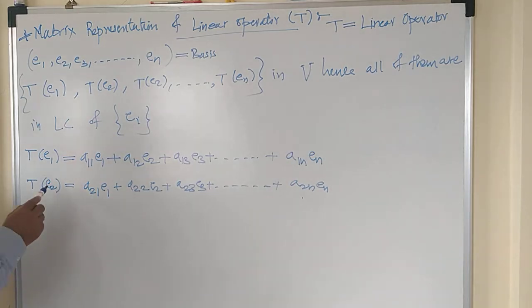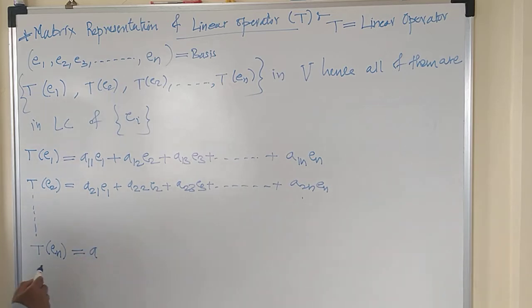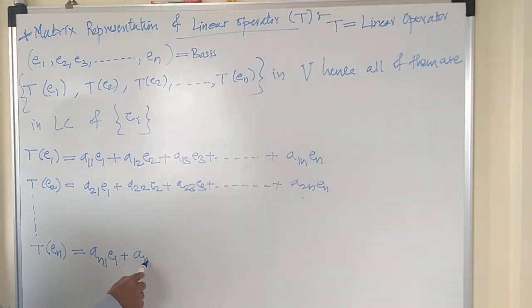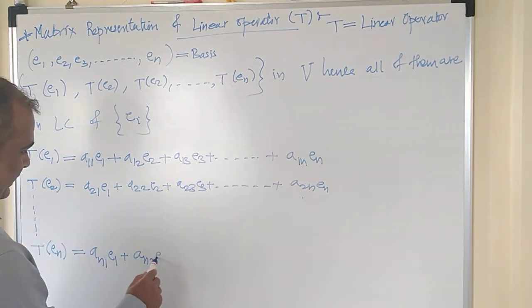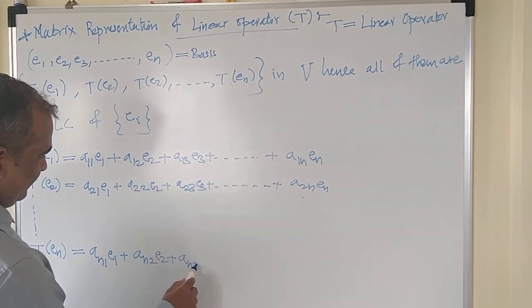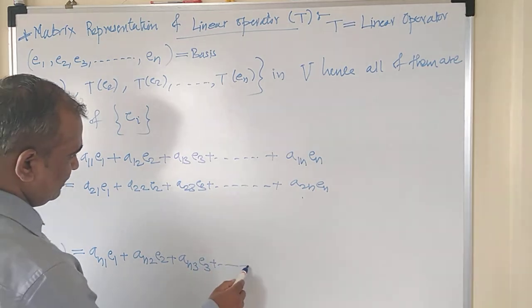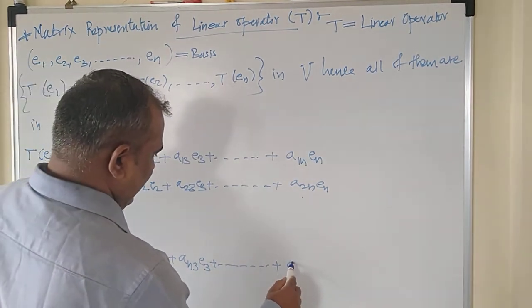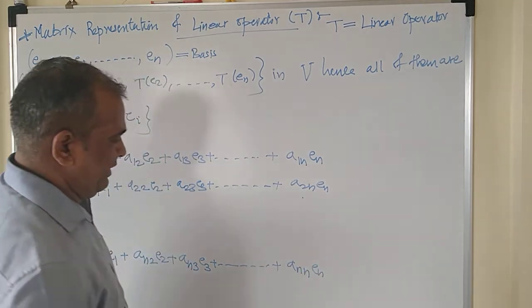In this way, for the linear operator operated on the last basis En, Ten equals An1 E1 plus An2 E2 plus An3 E3 plus, what will be the last element? Ann En. There are n scalar coefficients. Got it?